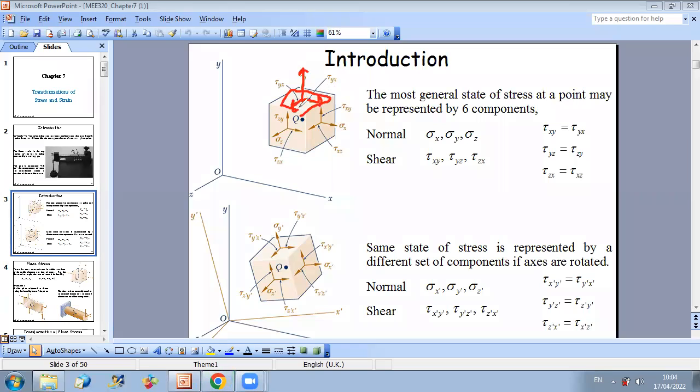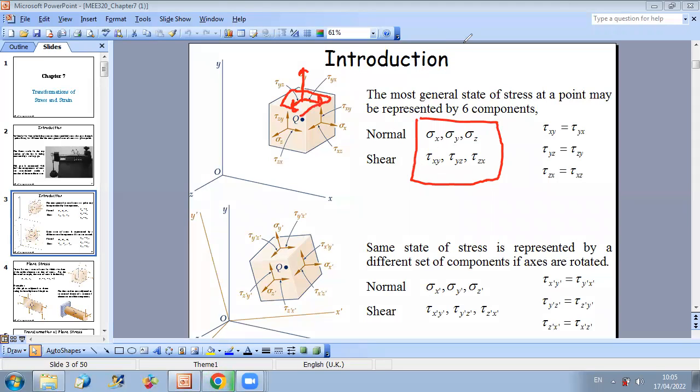And since, as we discussed before, we have tau xy equal to tau yx, tau yz equal to tau zy, and tau zx equal to tau xz, this is why we need just 6 components to represent the stress at a certain point. Which are sigma x, sigma y, sigma z, the normal stresses in the 3 different directions, and the shear stresses tau xy, tau yz, and tau zx.